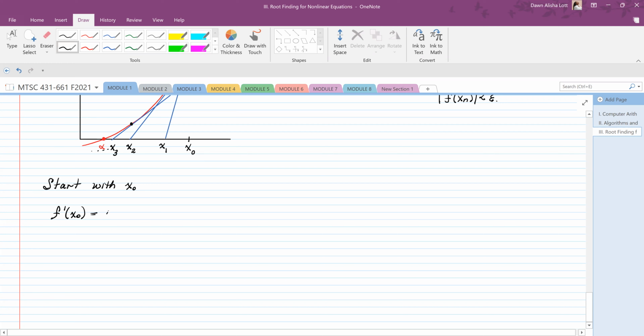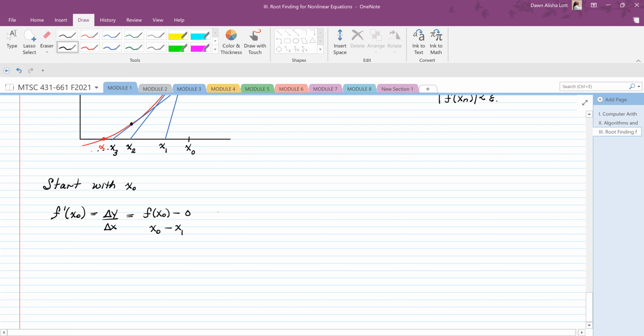Well, it's the change in y over the change in x. And I'm being very hopeful where I have f of x naught minus 0 is I'm being very hopeful that my x1, f of x1 is 0.